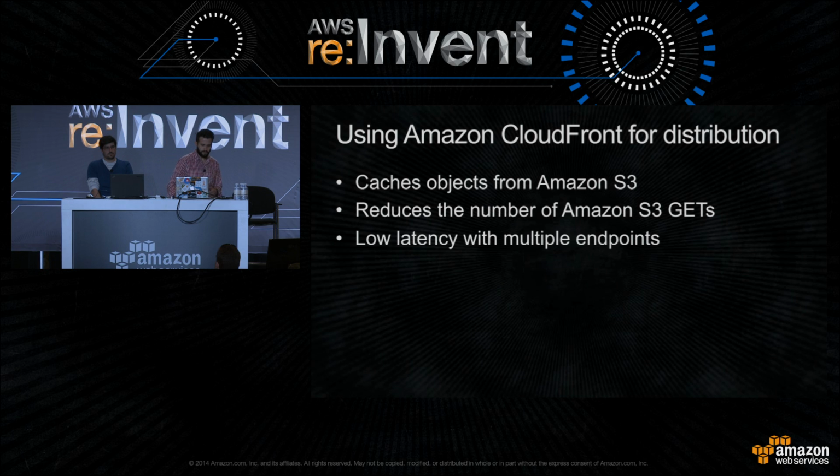And CloudFront provides low latency endpoints. So downloading the same object, even if the user is close to the region that you have your S3 bucket, using CloudFront instead of S3 directly will provide a better experience for your user.